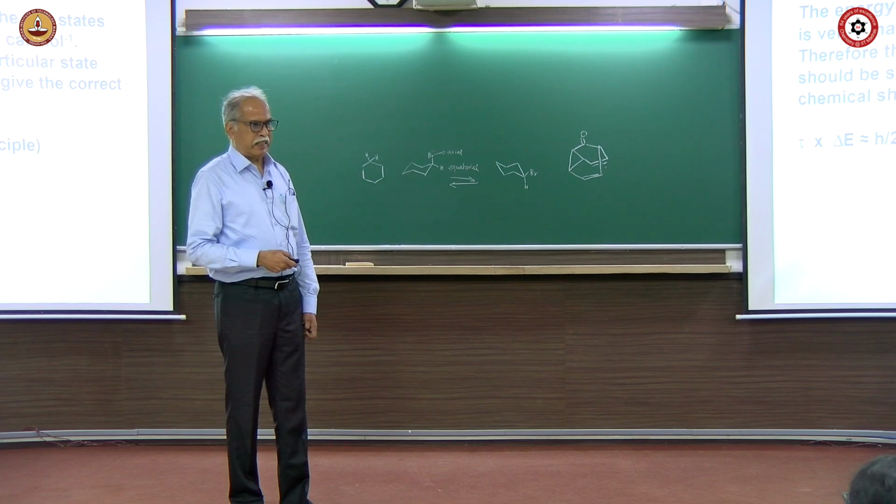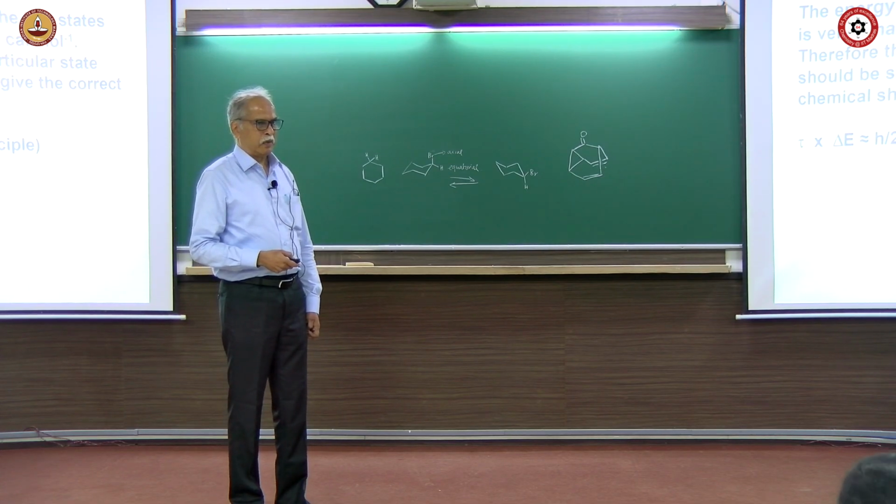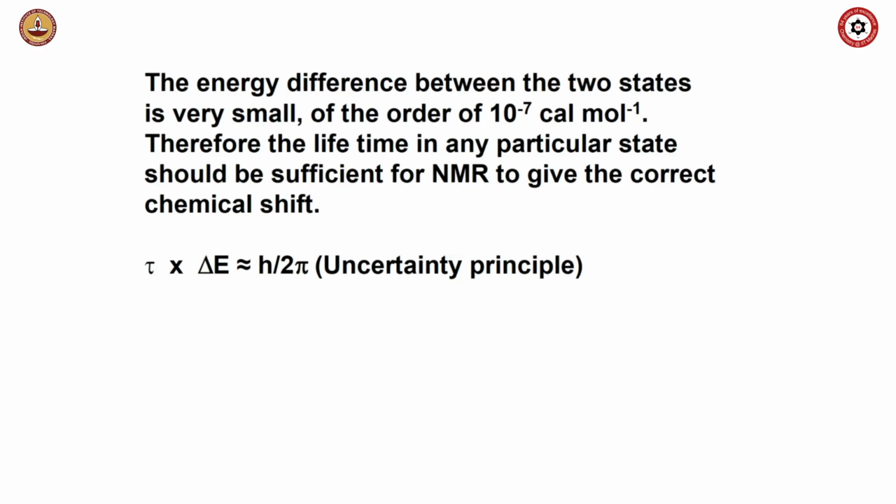Normally you study the uncertainty principle in momentum versus position, right? The position cannot be determined accurately when the momentum is. Here it is the lifetime versus the energy relationship, which is the uncertainty principle relationship.